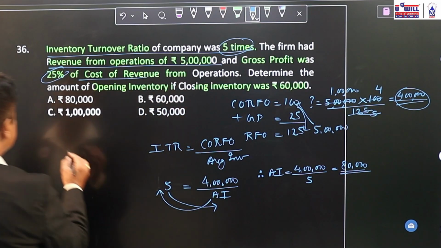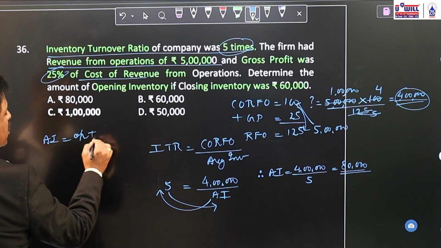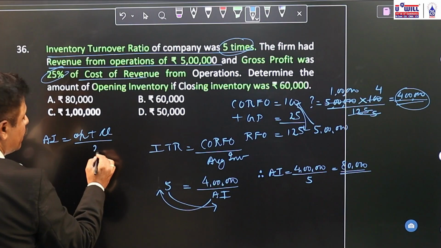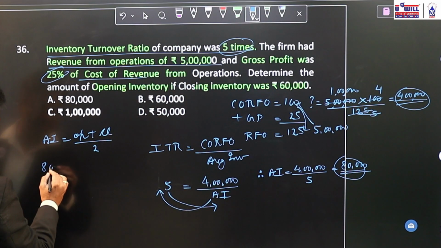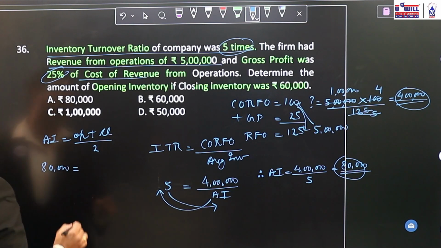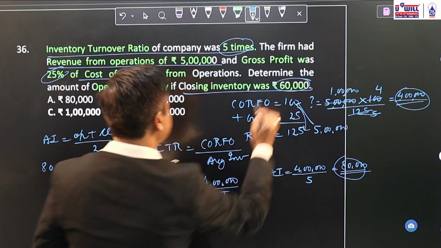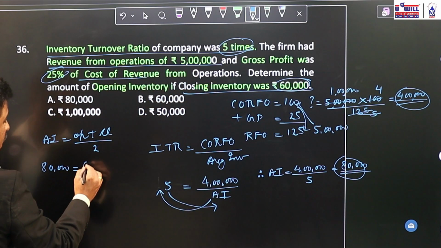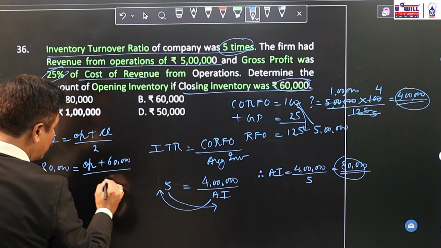Now how do you find this average inventory? Opening plus closing inventory divided by 2. What did we get? Average 80,000. So 80,000 is equal to opening plus closing, closing inventory is given 60,000, divided by 2.